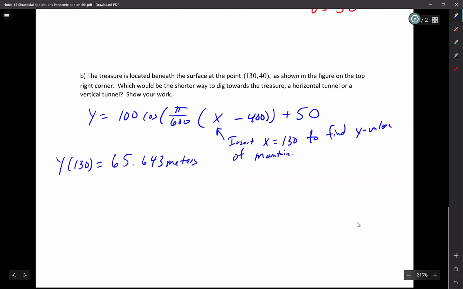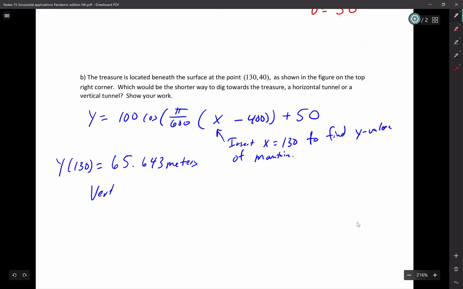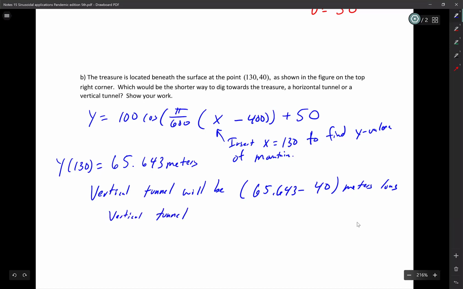Okay, so vertical tunnel will be, and in parentheses, I'm going to write 65.643 minus 40 meters long. And then I'm going to write vertical tunnel, colon, and I'm just going to subtract 40 from 65.643.